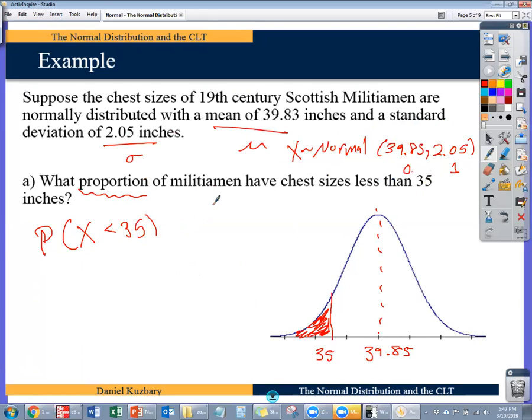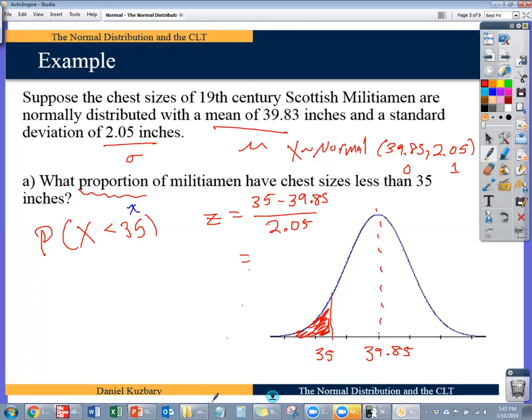So what I'm going to do now is get my z-score for this value 35. I'm going to treat this 35 like my little x, and I'm going to do a z-score. The z-score is you take your x value, you subtract the mean, and you divide by the standard deviation.